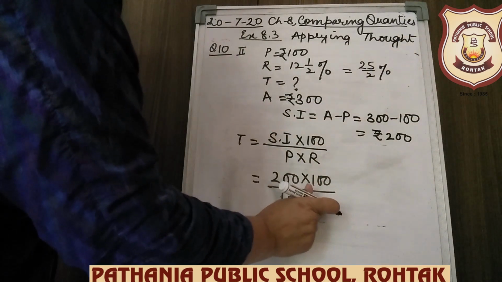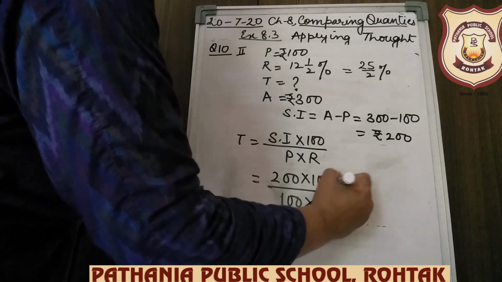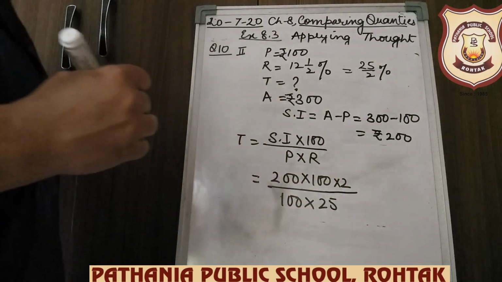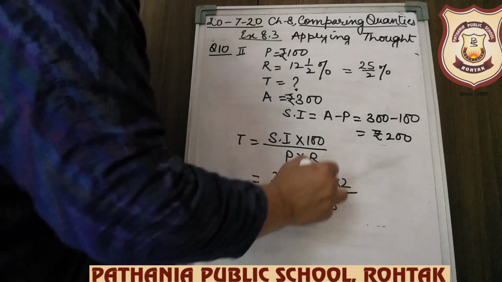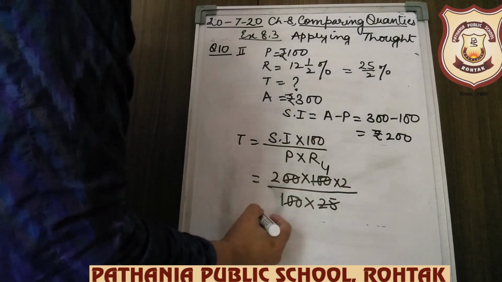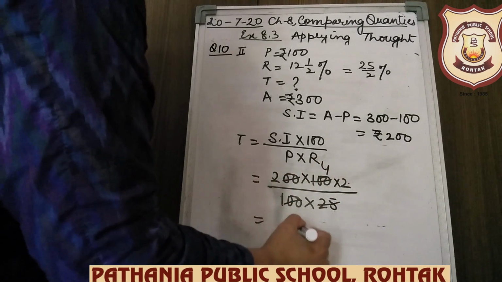As it is coming in the denominator, we will write the reciprocal of this. Zeros get cancelled, 25 4s. So 4 to the 8 and 8 to the 16.